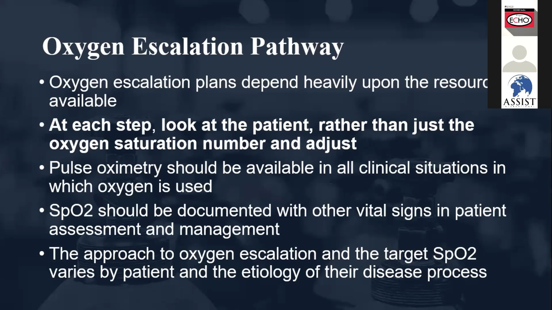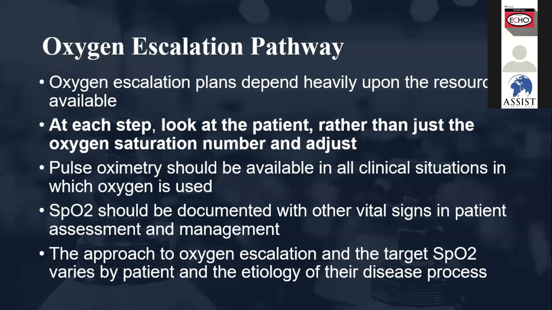At each step, you will look at the patient rather than just the oxygen saturation number and adjust. It means don't treat numbers, treat the patient. If your patient is improving, you decrease. If your patient is not improving, you increase. If your device is not working, you jump to another one. That's called the escalation pathway.